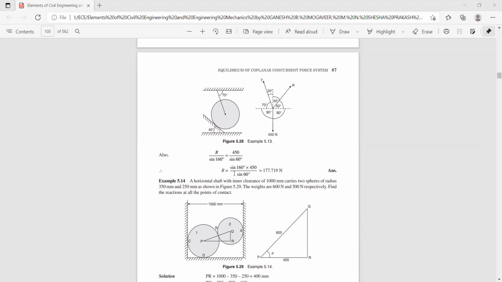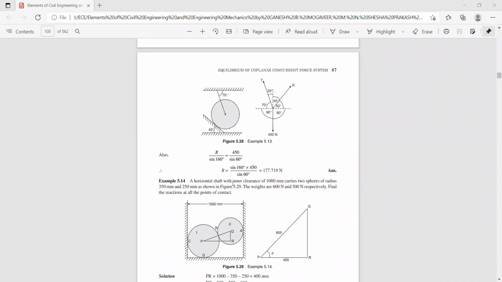Now let us go through the problem. A horizontal shaft with inner clearance of 100 mm carries two spheres of radius 350 and 250 millimeters as shown in figure. Now here this is a box, a box container. The width of the container is 1000 millimeters, or 100 centimeters, or 1 meter roughly.